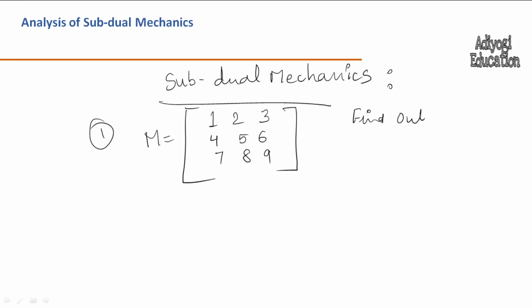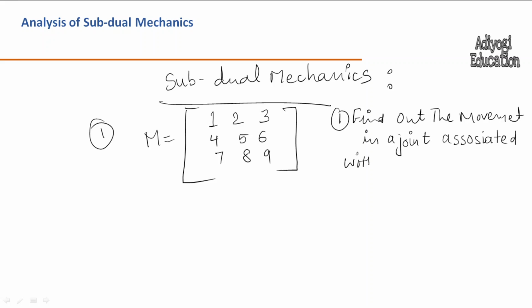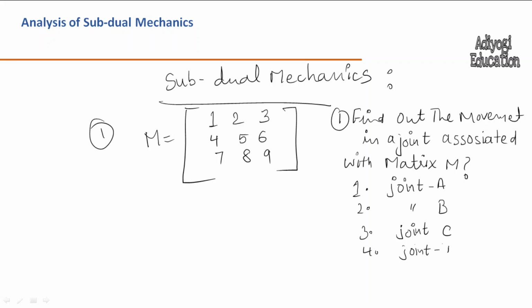The question is: find out the moment in a joint associated with matrix M. We have four options: joint A, joint B, joint C, and joint D. These A, B, C and D represent the moment.